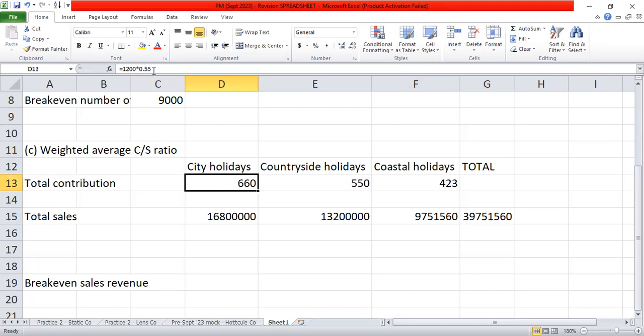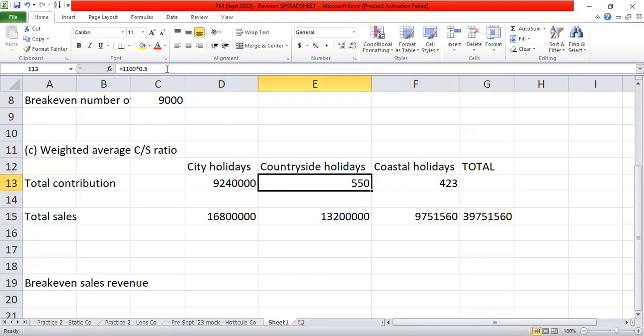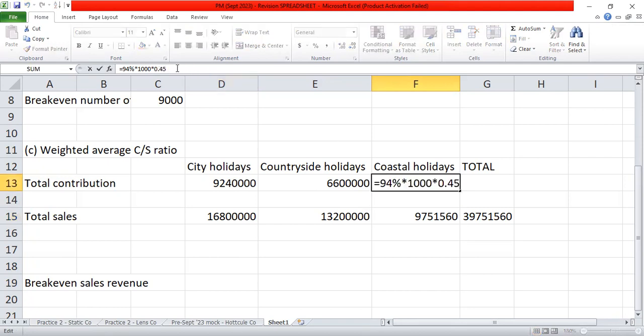14,000 city holidays. 12,000 countryside holidays. And the number of holidays for coastal holidays has reduced by 5%. Remember, it was 300 places per week times 52 weeks in a year times 70%.